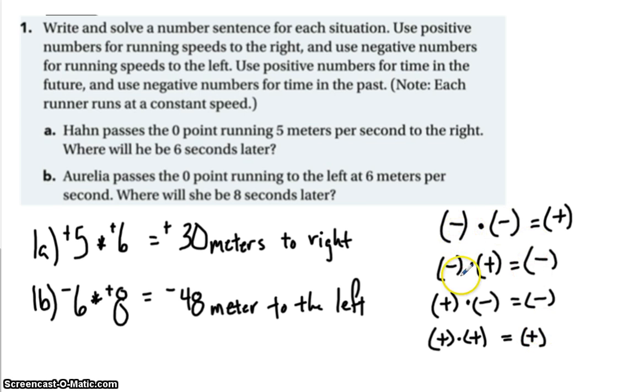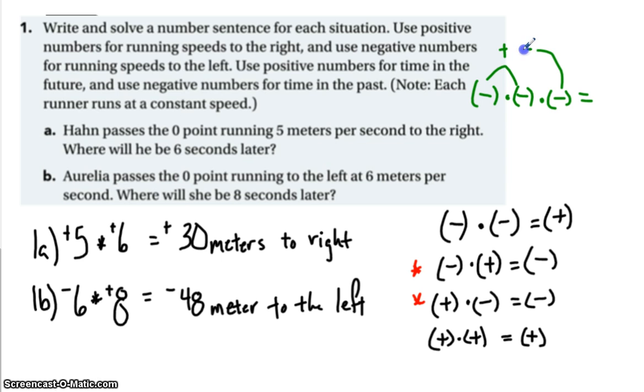Okay, so in each one of these two situations, there is an odd number of negative signs in our problem, and therefore we get a negative answer. So if we had a negative times a negative times a negative, well, these two would make it positive, and then throw in this one.